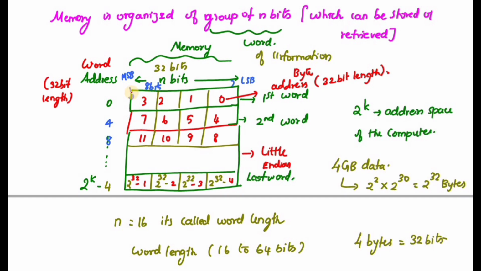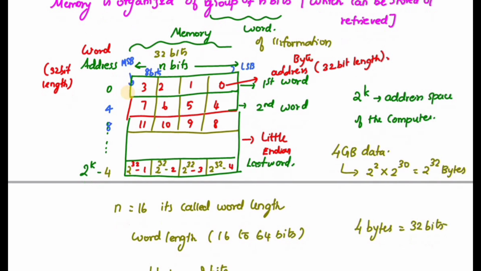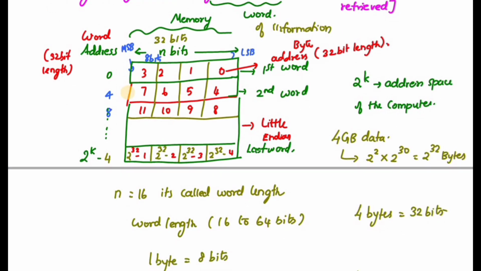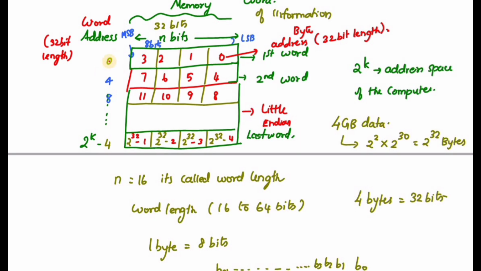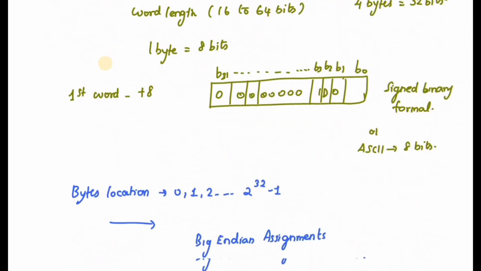If the word address starts with 0, it is aligned. Suppose it starts with 2 or 3 or some other arbitrary byte address, then we call it an unaligned address.